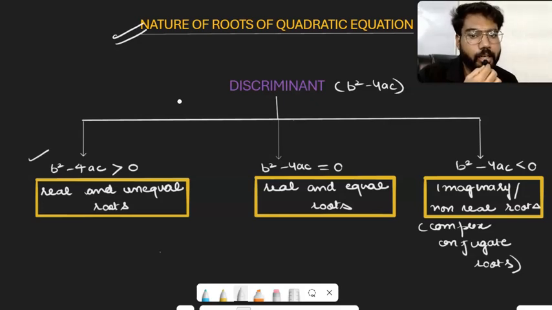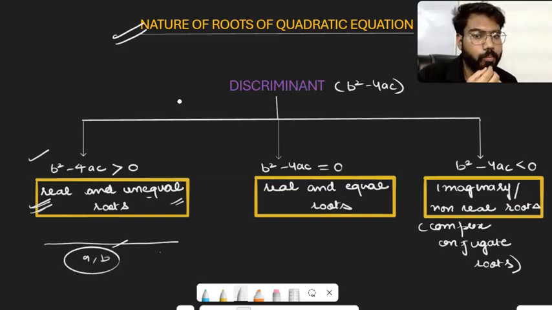In that case, roots will be real and unequal. So both the roots will be real, both roots can be plotted on the real axis, but the roots will be unequal. They will not be the same. So if one root is a, then the other root will be b. So both roots will be real but unequal.